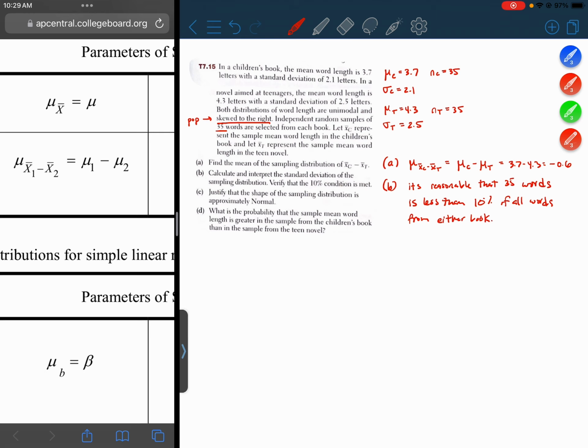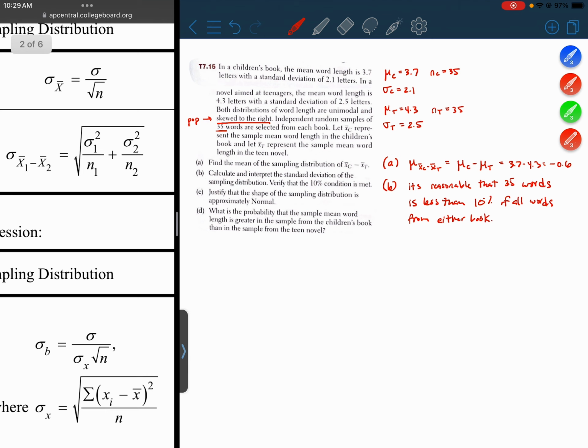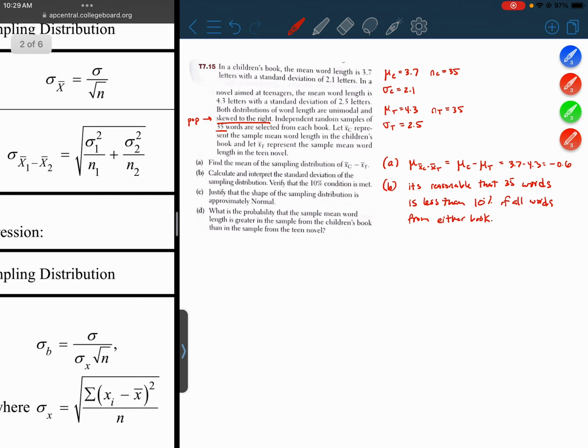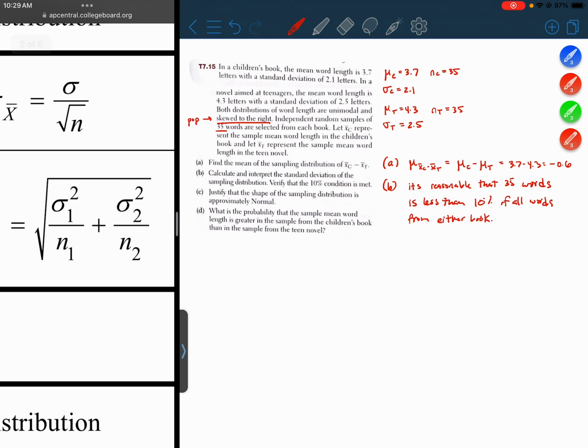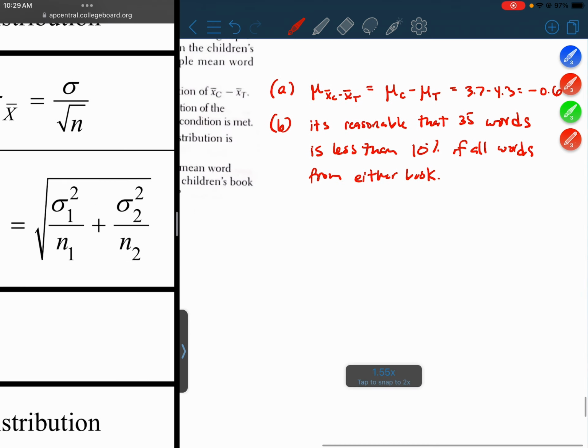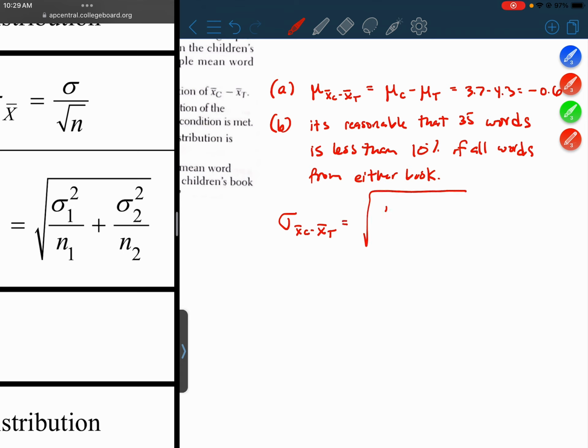Okay. All right, so now we want to calculate the standard deviation. So here's the formula that we're going to use right here on the left. It's that square root expression right there. So the standard deviation of x bar c minus x bar t is the square root of sigma c squared over nc plus sigma t squared over nt.